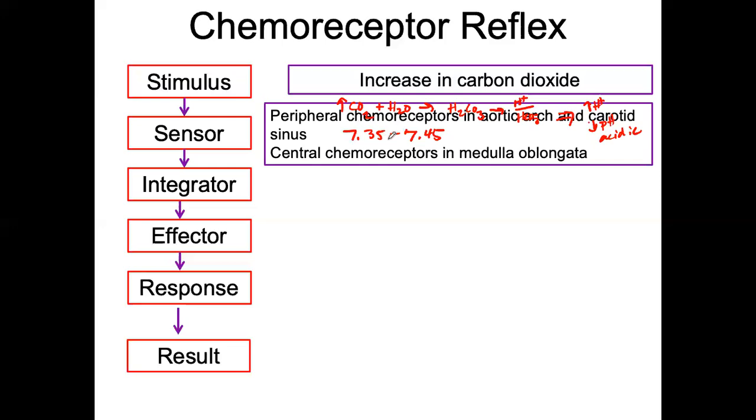When you start decreasing pH, these guys are going to get sensitive to it, or they are always sensitive to it, and so they're going to send that impulse. They're going to start firing faster and faster to that medulla oblongata. And the medulla oblongata is going to get those increased impulses and say, oh, CO2 is getting too high. We need to take a breath.